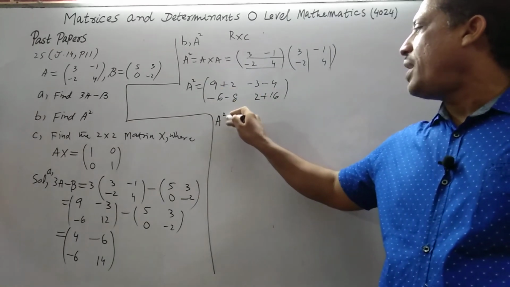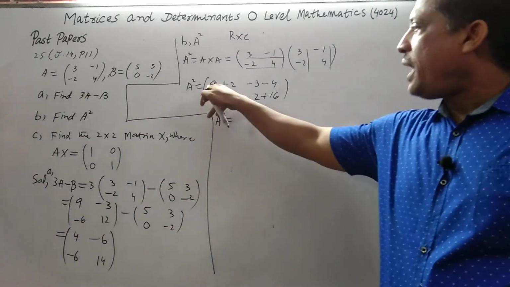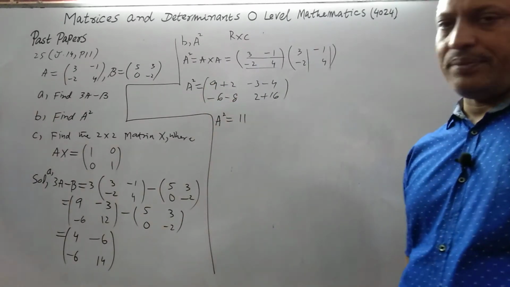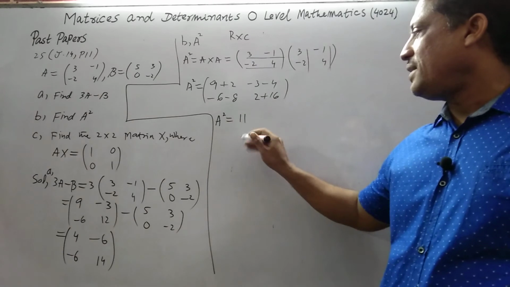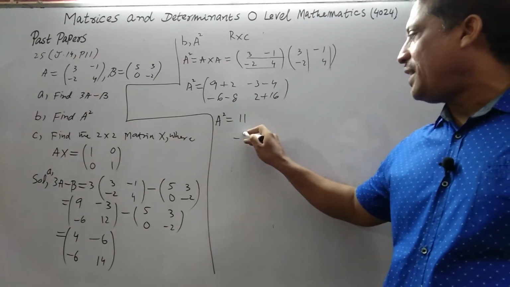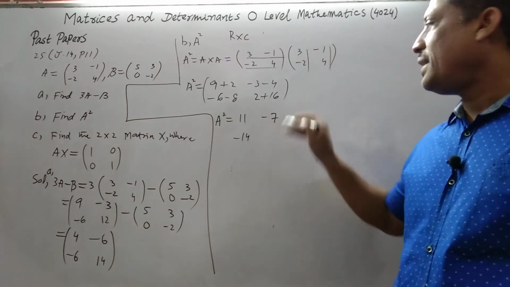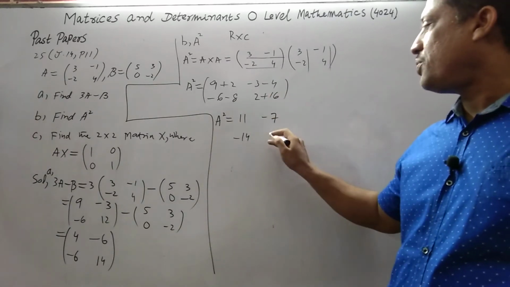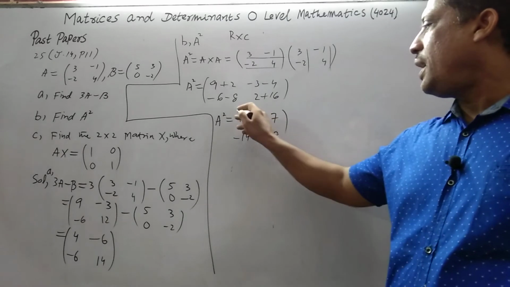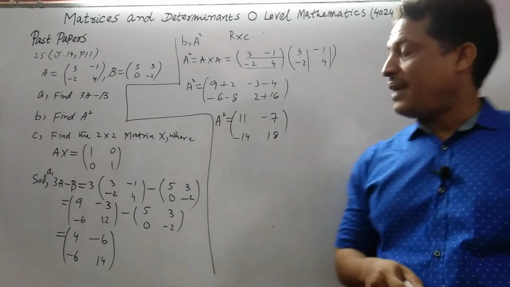Hence A square is equals to 9 plus 2 is 11, minus 6 minus 8 is minus 14, minus 3 minus 4 is minus 7, and 16 plus 2 is 18. Answer is 11 minus 14 minus 7, 18.